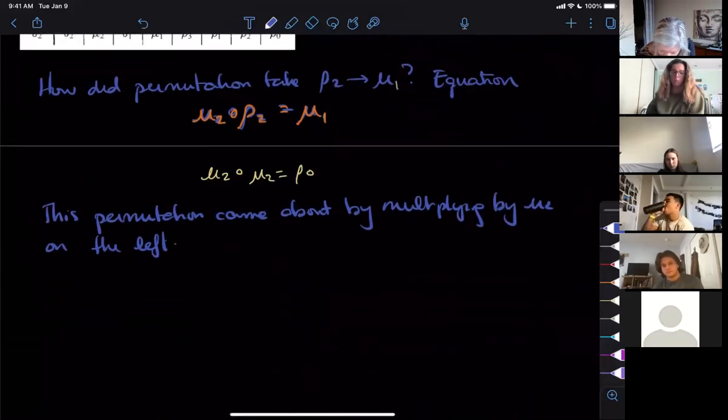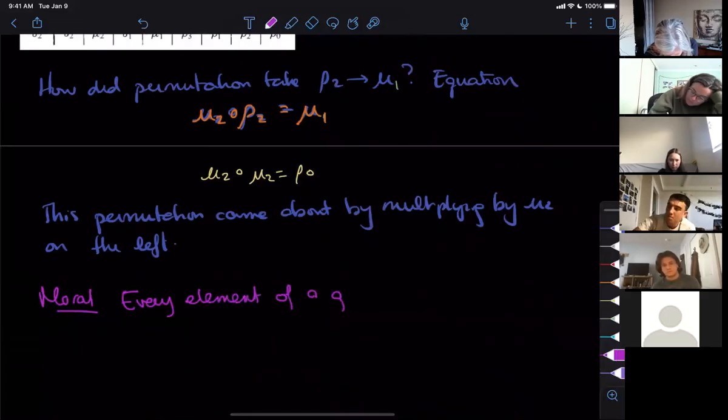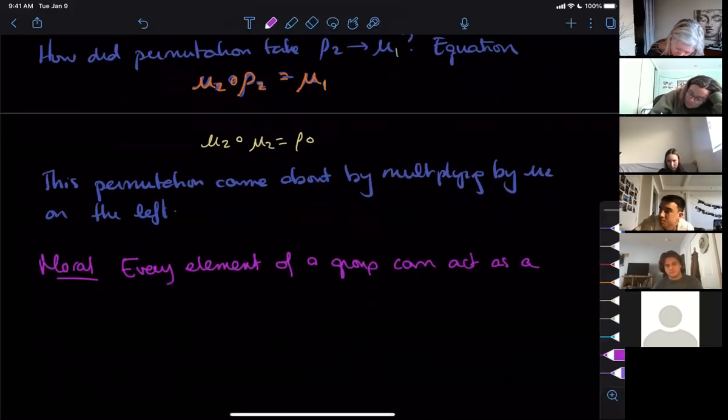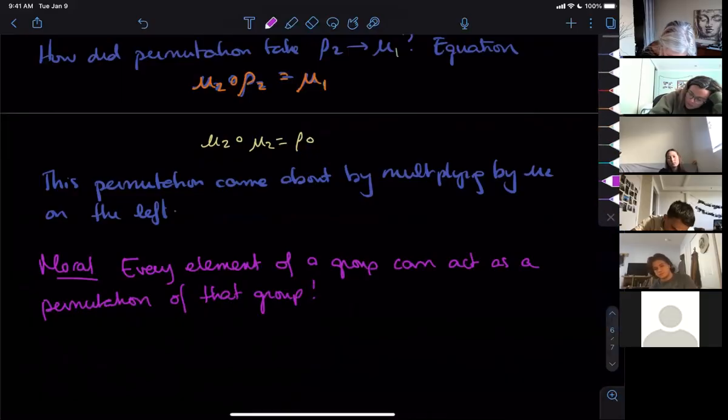So the moral is this: every element of the group can act as a permutation of that group by left multiplication.